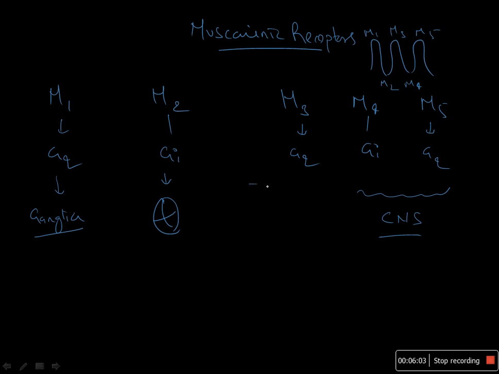They are found in bronchial smooth muscles, in the eye, in the GIT, in the urinary bladder, or in glands like the lacrimal gland, bronchial gland, gastric gland, liver, or they can be found in the endothelium of the blood vessels.